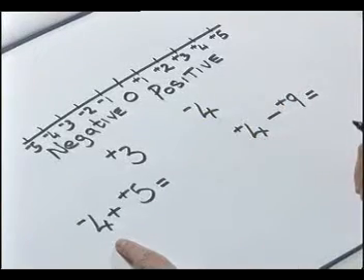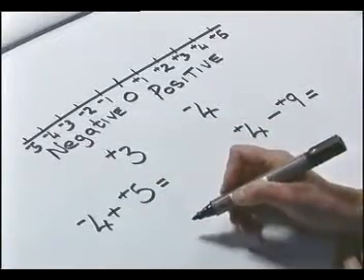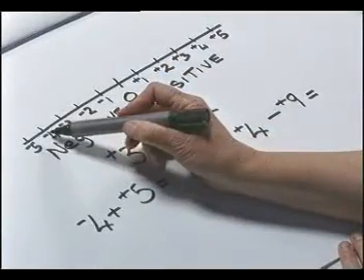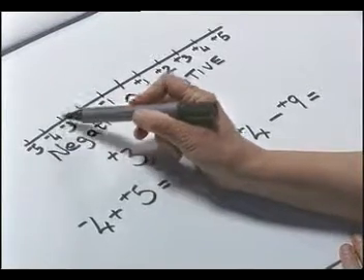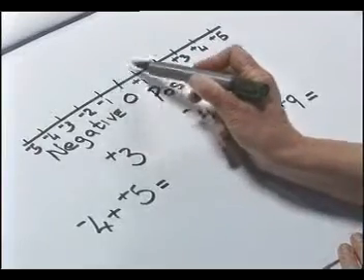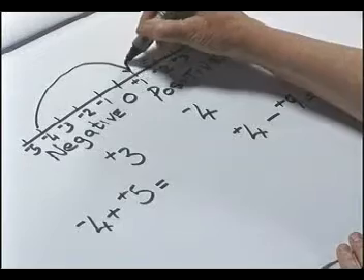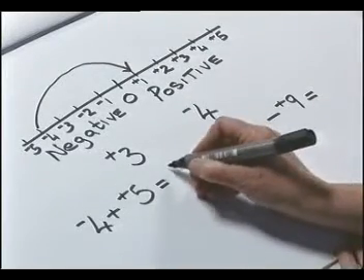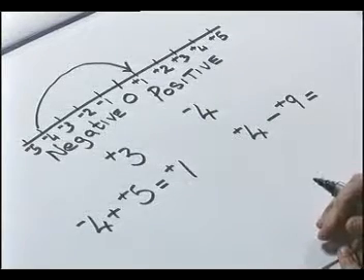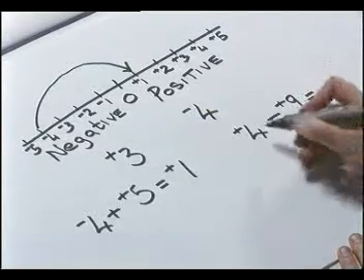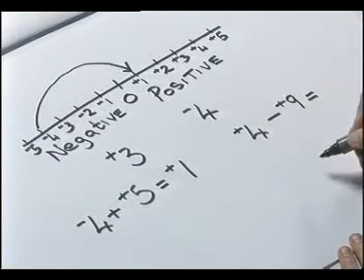So take this one to begin with. Negative 4 add positive 5. Start at negative 4 on the number line and count on 5. 1, 2, 3, 4, 5. So negative 4 add positive 5 gives me the answer positive 1. For the other example, we've got a subtraction. So we start at positive 4 and we subtract positive 9.